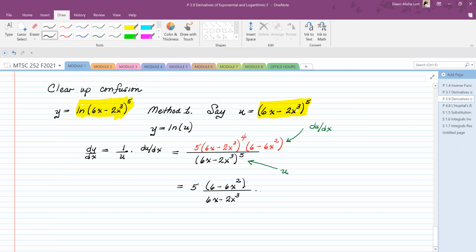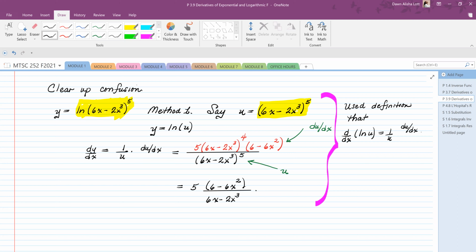Okay, so what I did here was I used the definition that the derivative of y, the derivative of the log of u, is 1 over u du dx. Okay. Is everybody clear on that part?